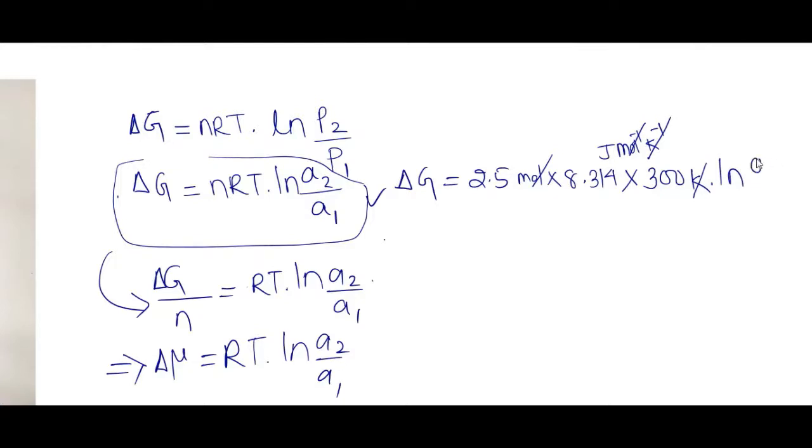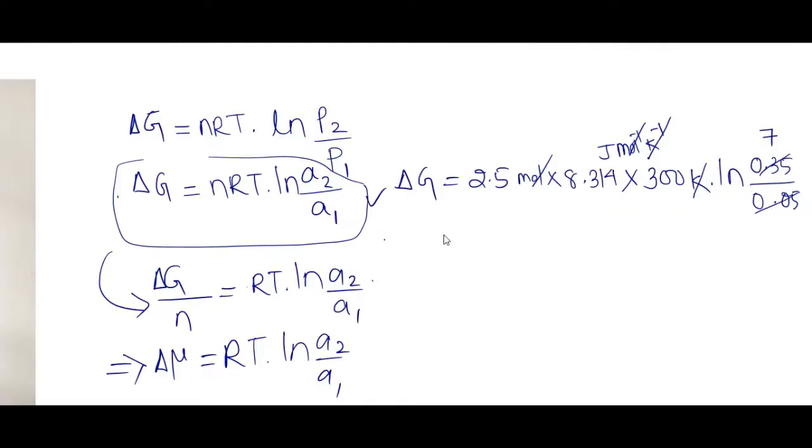A2 is 0.35 divided by 0.05. It cancels out to 7, since 5 sevens are 35.